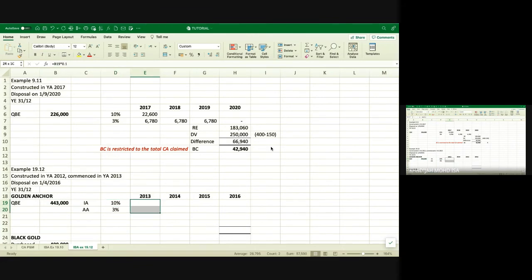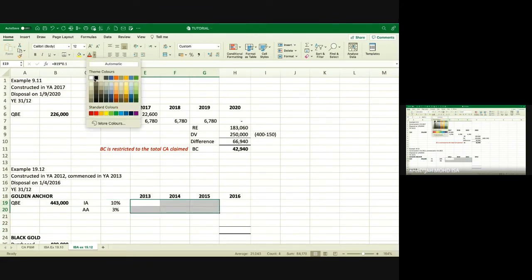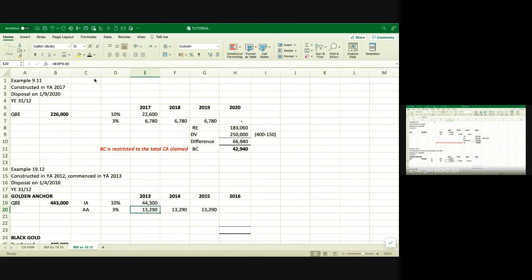So you claim your 10% initial allowance and 3% annual allowance. Every year you are going to claim 3% as well. So remember that when you do it in table form, in column form, you just plug in the annual allowance figure accordingly.